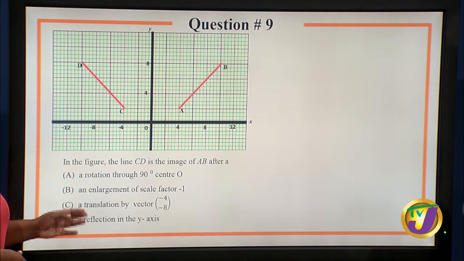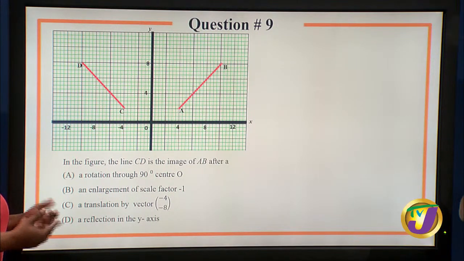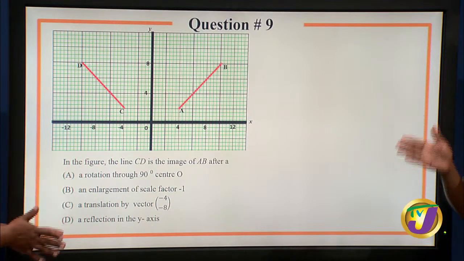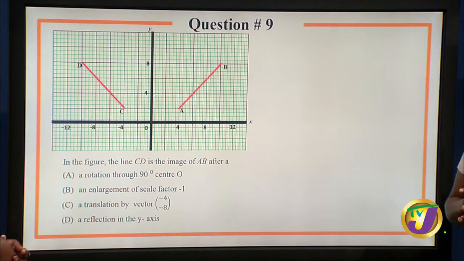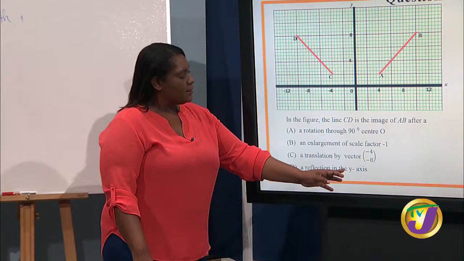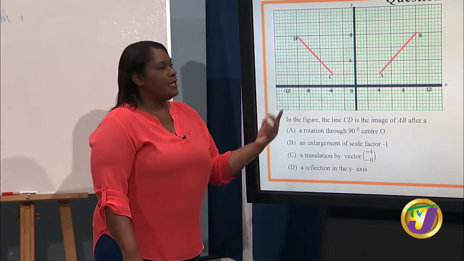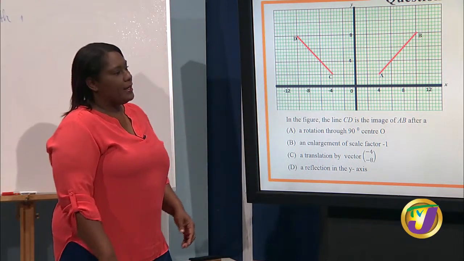And for a reflection, we need to examine whether or not the object and the image are an equal distance away from a mirror line, and identify the mirror line. In this response it suggests the y-axis, so we could examine to see if they are an equal distance from the y-axis.